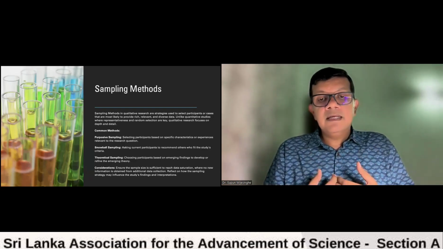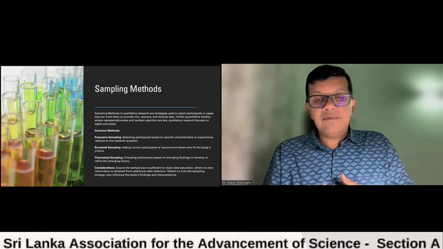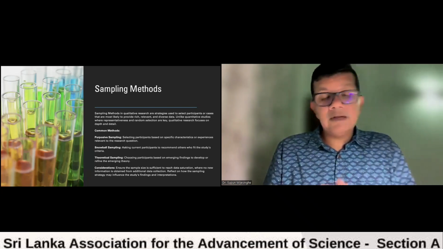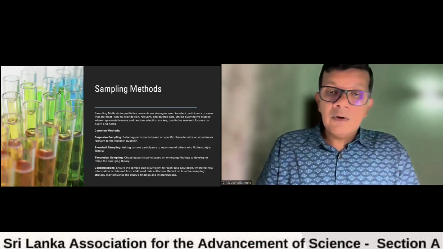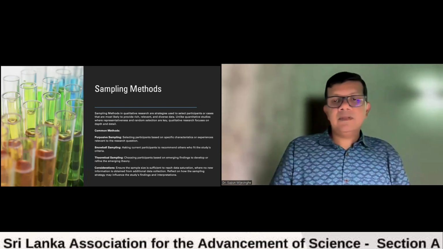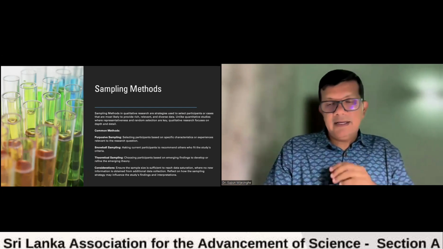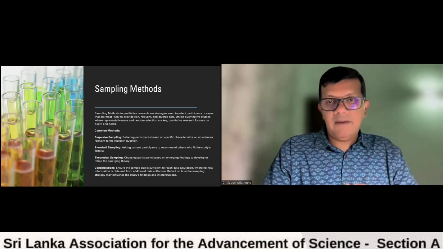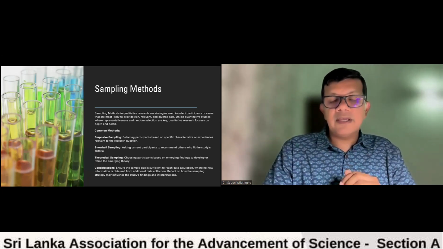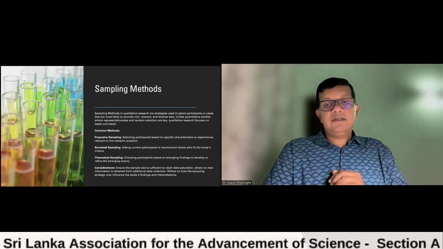For example, we have two types of purposive sampling in qualitative research. One is called heterogeneous and another one is homogeneous. In homogeneous sampling, you are taking similar people. You want to study as much as possible about a certain event, bronchial asthma, how people suffer from bronchial asthma. So you select all the bronchial asthma cases.